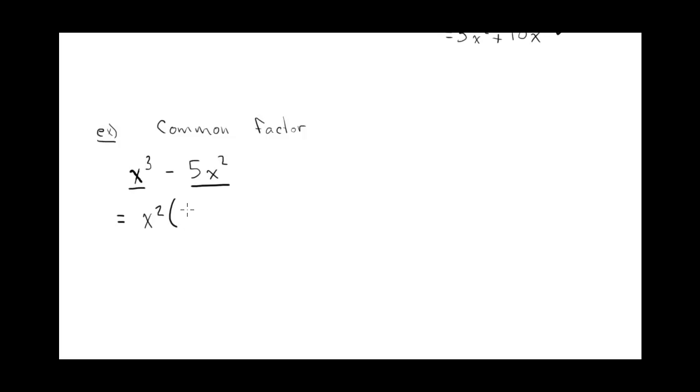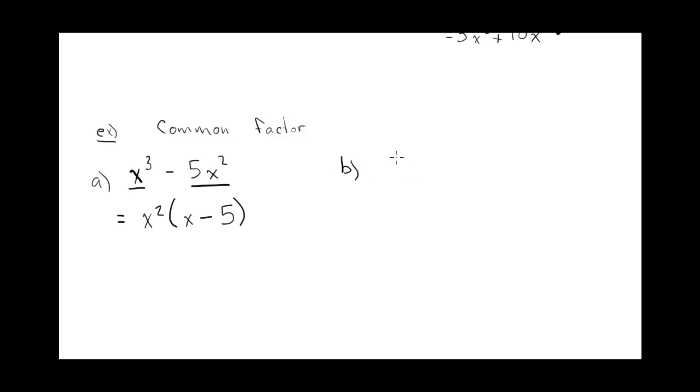Inside the bracket, you'd write what multiplies x squared to give you x cubed. That would just be x, minus what times x squared gives you 5x squared, which would just be 5. And you could again check that by expanding.